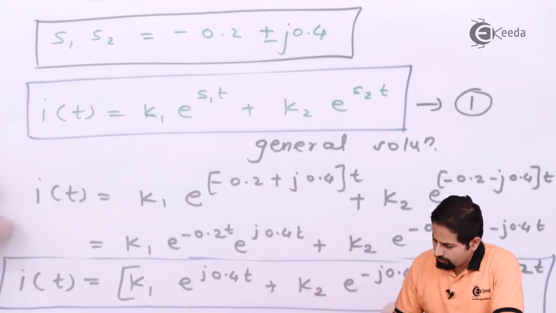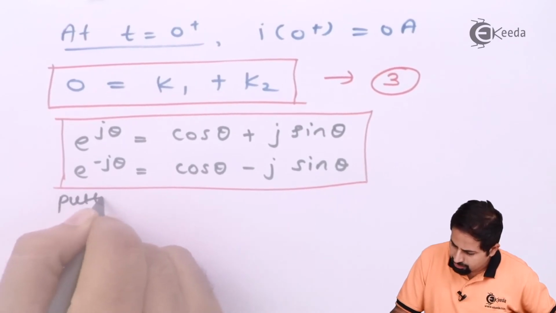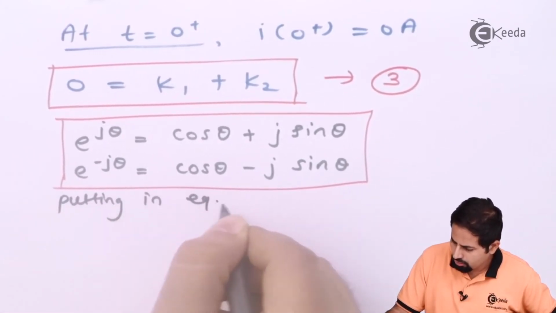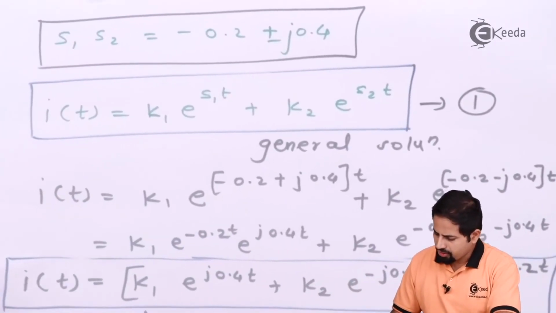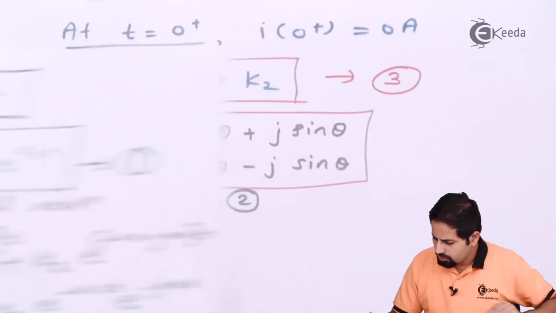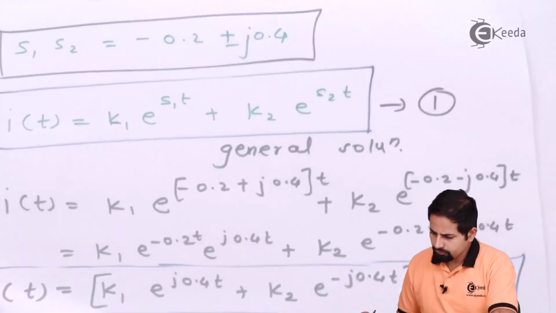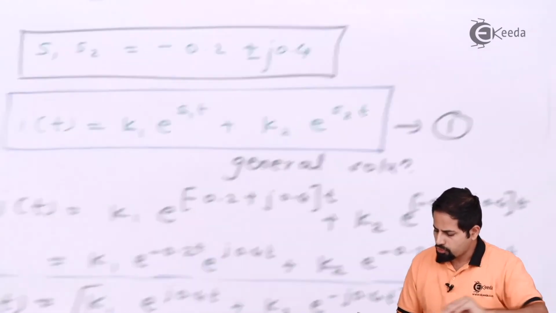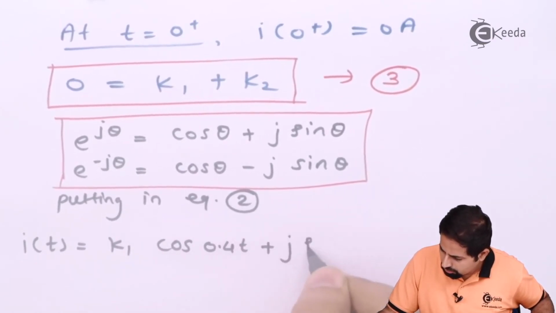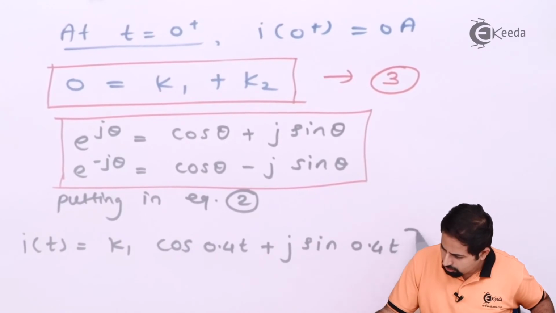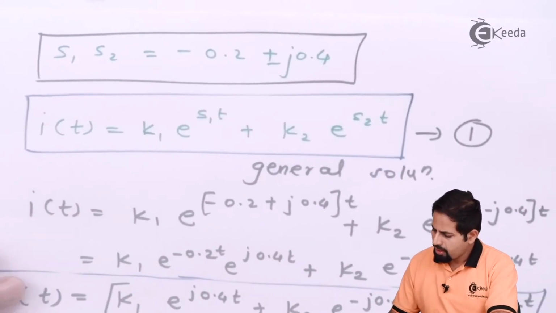Well, I am done with equation number 1, and if I use those formulas here, what I will get, see. So putting in equation 2, this is my equation number 2, and if I put it here, what shall I get? I of t equal to k1 into e raised to j 0.4 t, plus k2 multiplied by e raised to minus j theta.